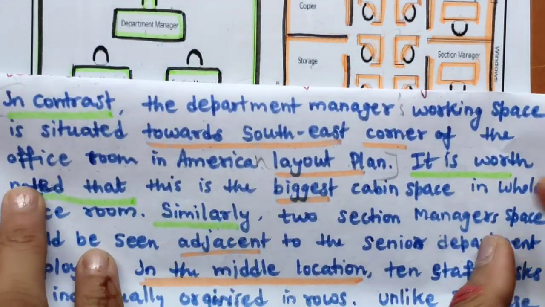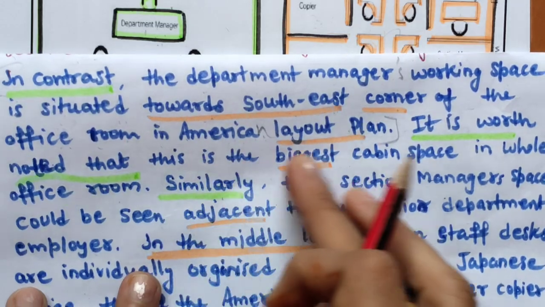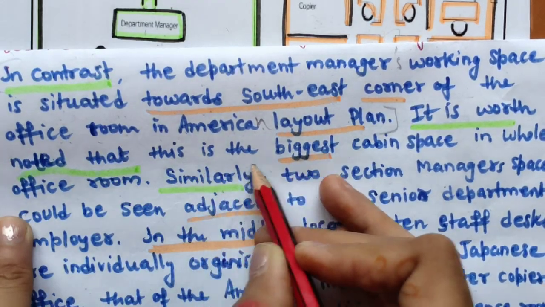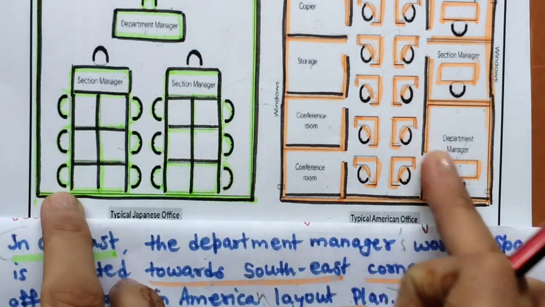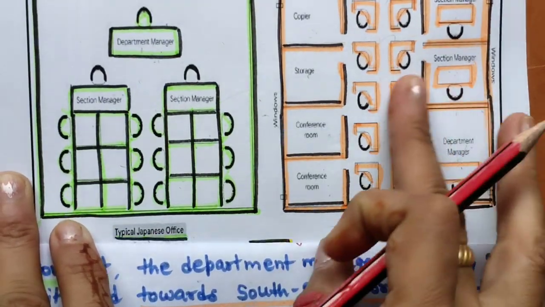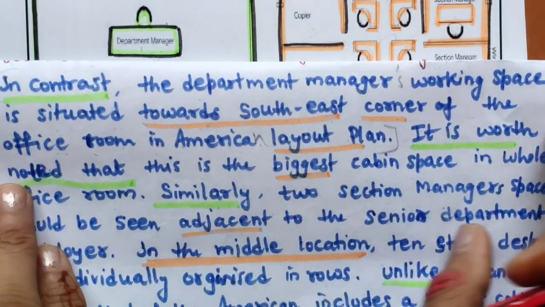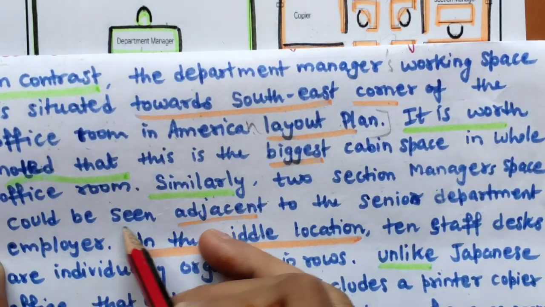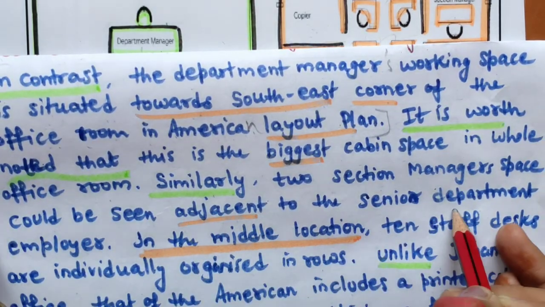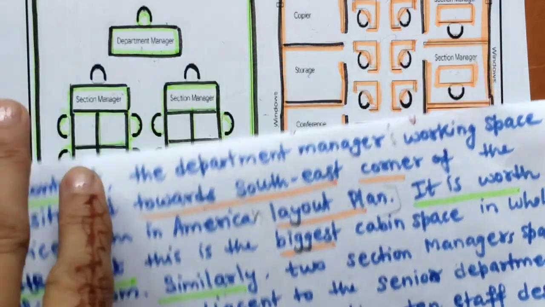Now next, it is worth noticing that this is the biggest cabin space in the whole office room. Now similarly, two section managers' spaces could be seen adjacent to the senior department manager. See this?